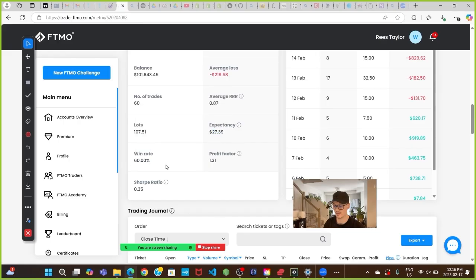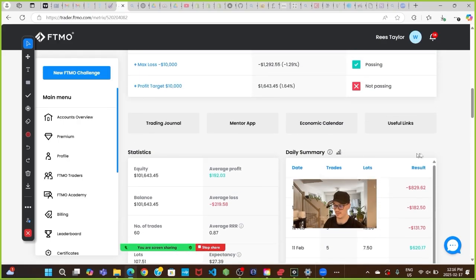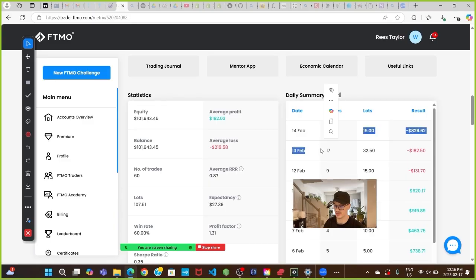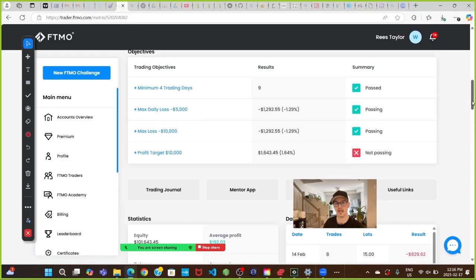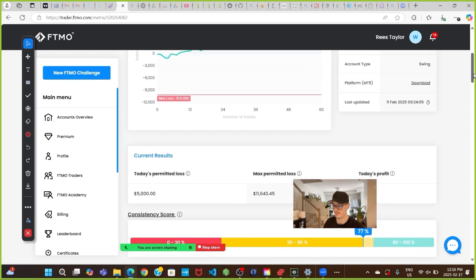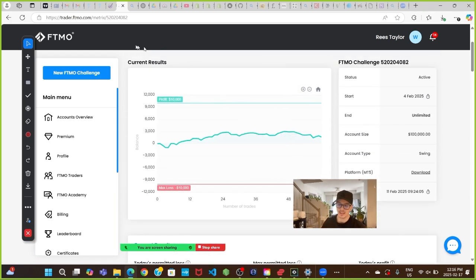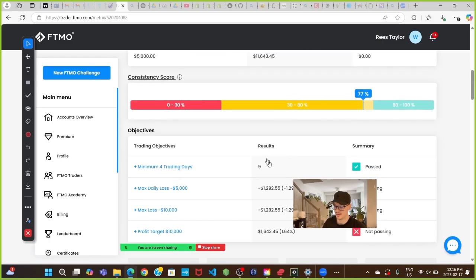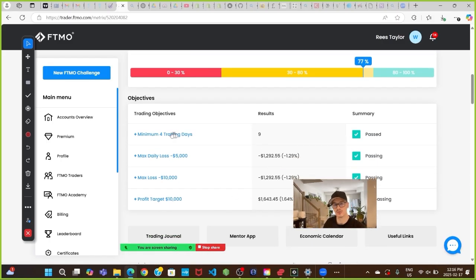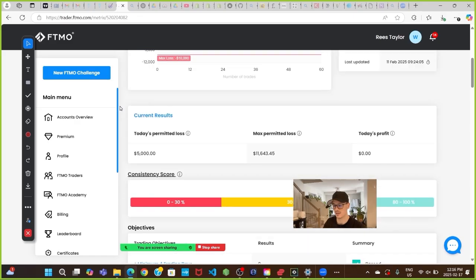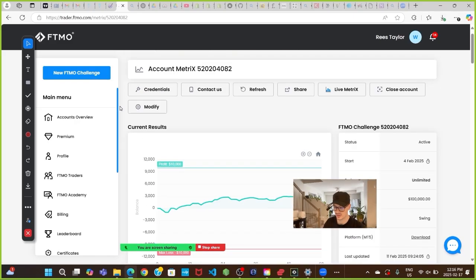Otherwise, things like profit factor, win rate, trade sizes, lot sizes, those are going to be a little bit inaccurate, or at least a little bit misleading for you in that regard. So getting down to the statistics of where I'm at, like I said, I'm at $1,643.45 into the $10,000 challenge for week 2.